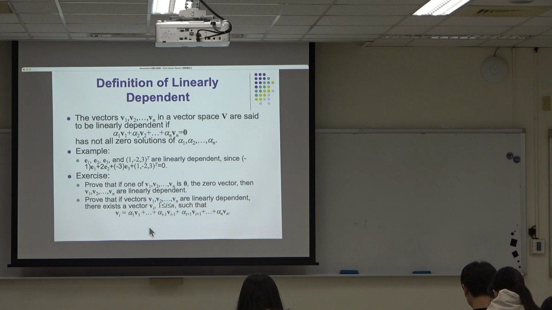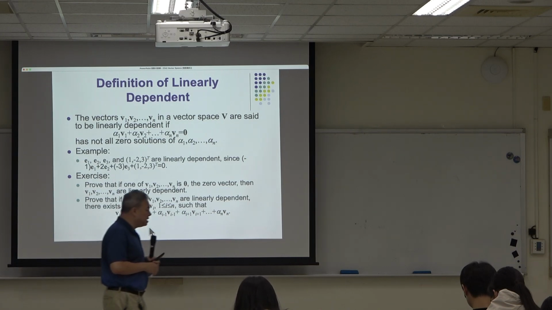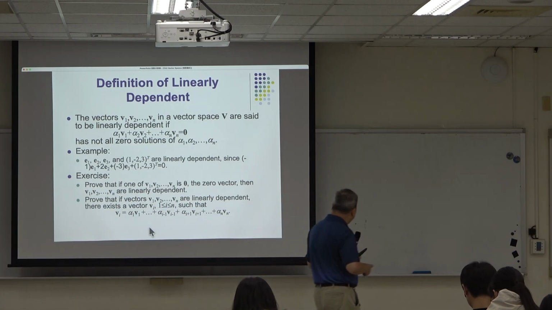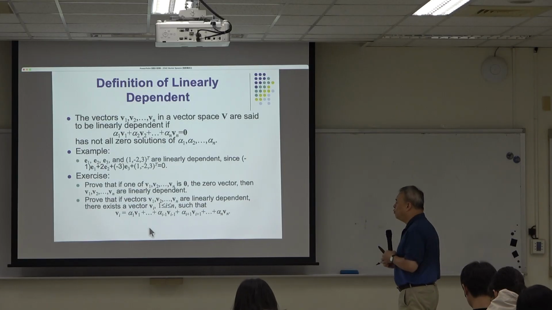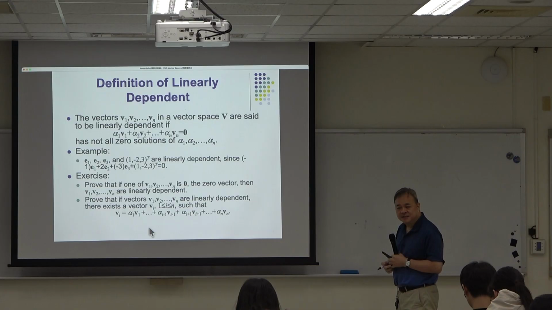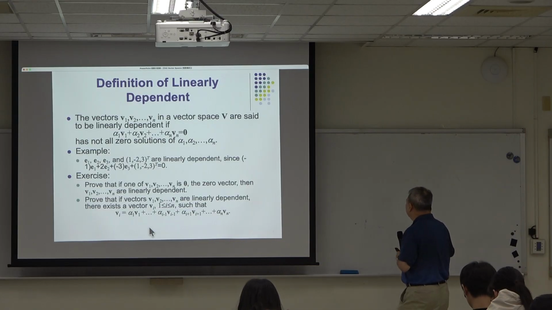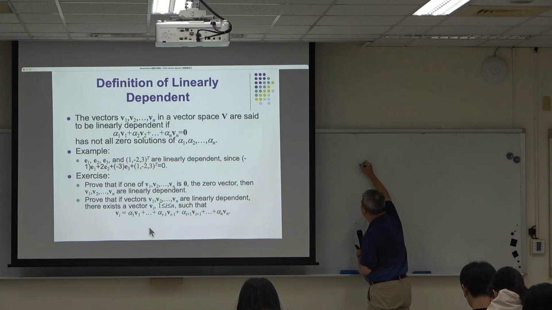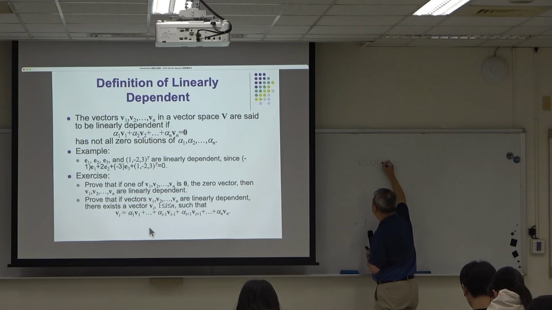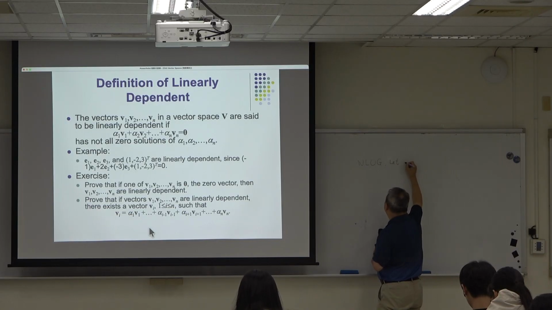Say, without loss of generality, say v1 is the one that is a zero vector.